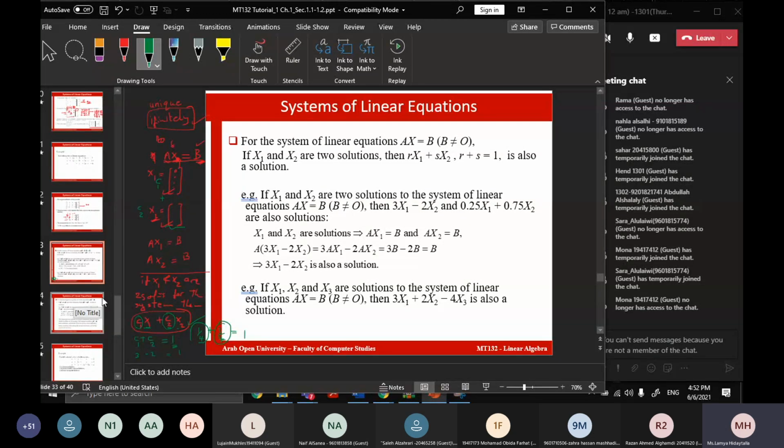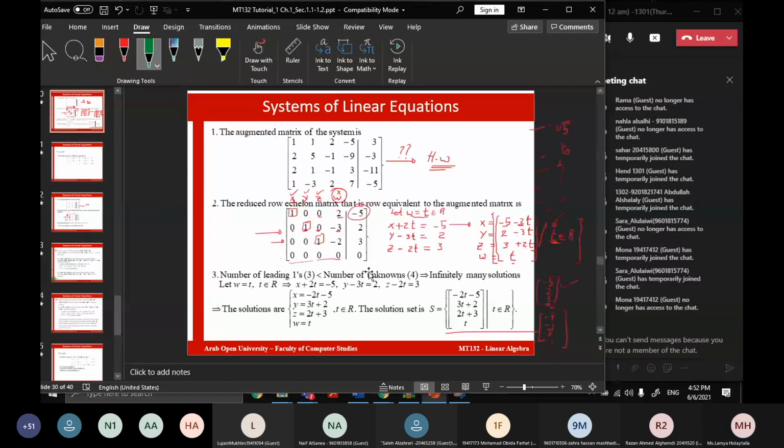Now, is the statement of the theorem clear? Again, I'll say it. If we have a system of linear equations that has infinitely many solutions, and for that system x1 is a solution and x2 is another solution, like here, this is a solution and this is another solution.